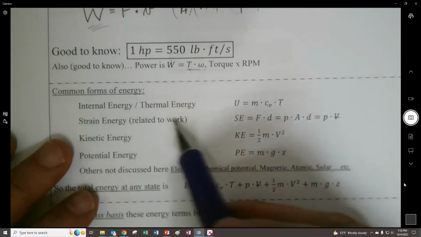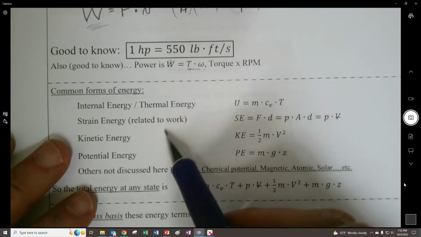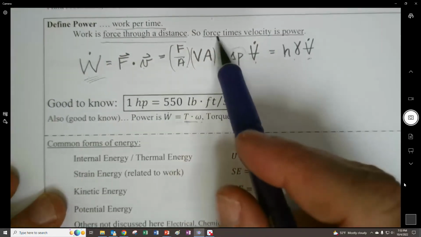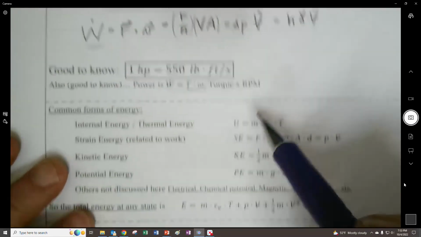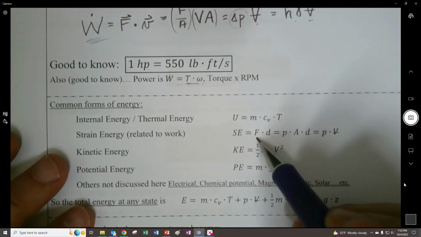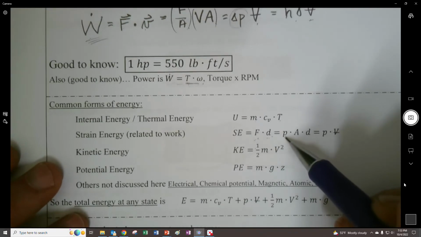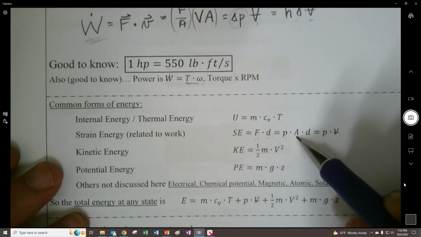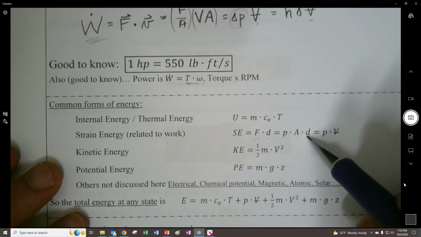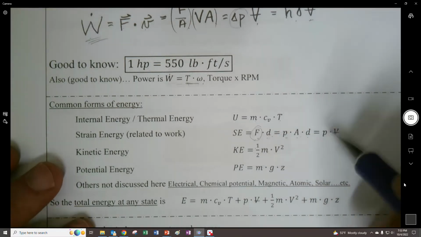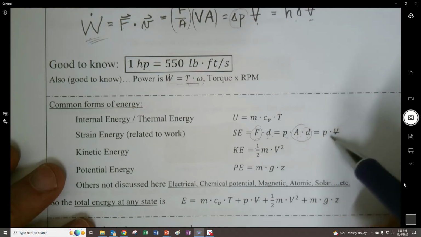So that's the state of the thermal energy at a given time. Here's a strain energy, which is kind of related to work. That's the same kind of work we were talking about before, force through a distance, the solid mechanics kind of work. That could also be said to be pressure times area times a distance, right? Pressure times area is force, and area times a distance could be a volume.